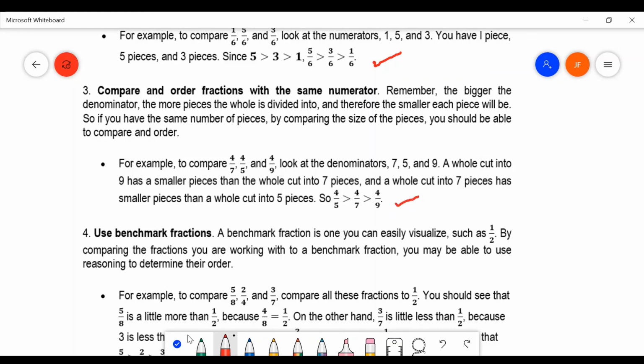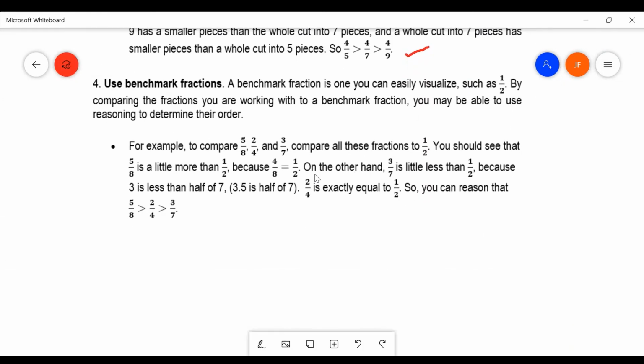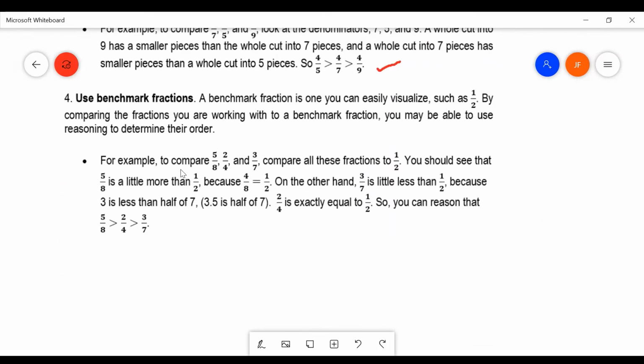Now let's proceed to number 4. Okay, we are going to use benchmark fractions. A benchmark fraction is one you can easily visualize, such as 1/2. By comparing fractions to a benchmark fraction, you may be able to use reasoning to determine their order.